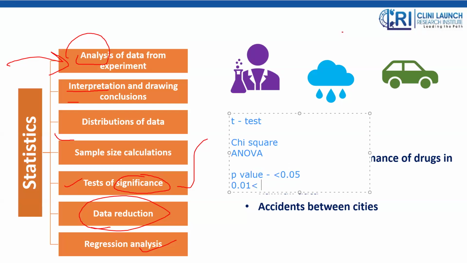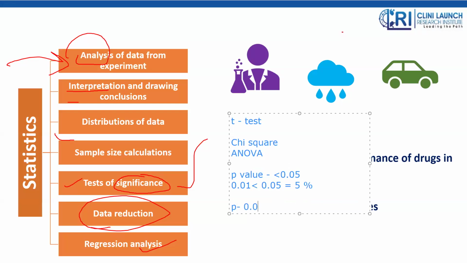So it is less than 0.05, right? 0.05 means 5%. Similarly, p value can be 0.01, level of significance 0.01, which is equal to 1%. Similarly, p value can also be 0.10. This is called 10%.